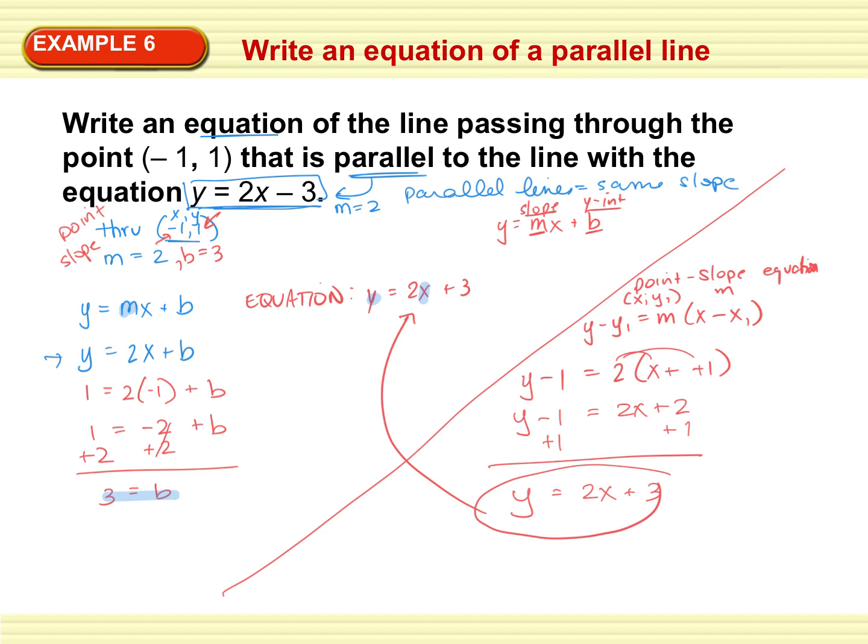So point-slope equation is another way to find the equation of a line in slope-intercept form if you're not actually given the b. So you can either use this method to find the b and then plug it in, or you can just go to point-slope form and do it from there. So I'll do it both ways. You can figure out which way works for you best.